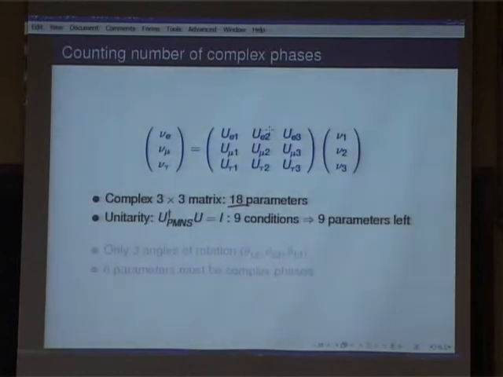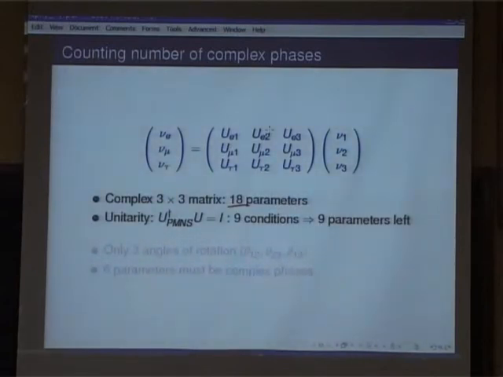It's a unitary matrix, so U dagger U equal to 1, a 3 by 3 identity. That corresponds to 9 conditions. So you subtract those 9 conditions from 18 parameters, then you are left with 9 parameters. So this tells us that the matrix U_PMNS should have 9 parameters.